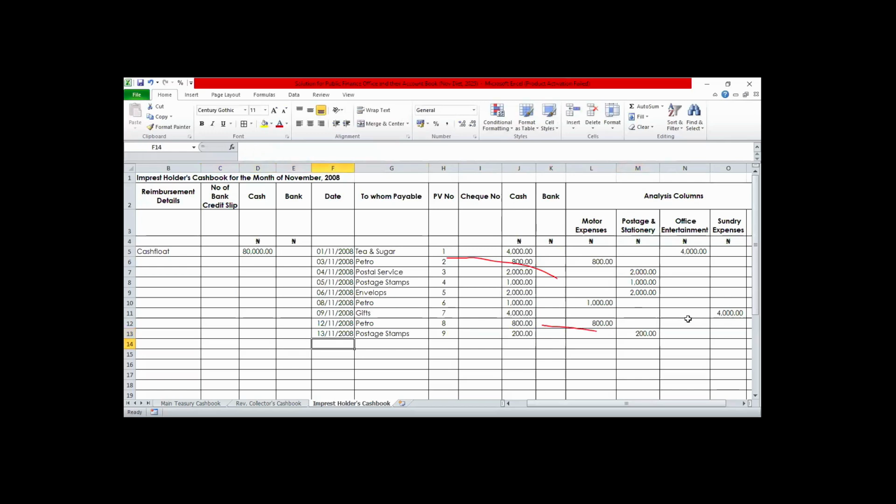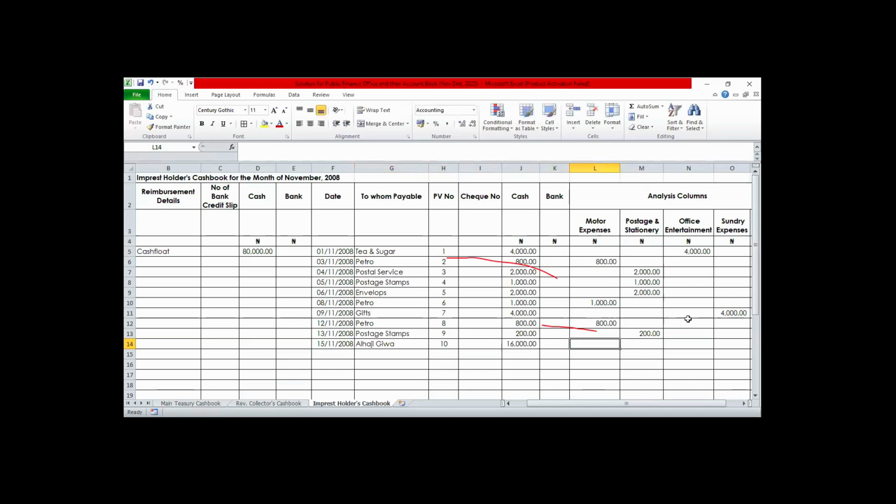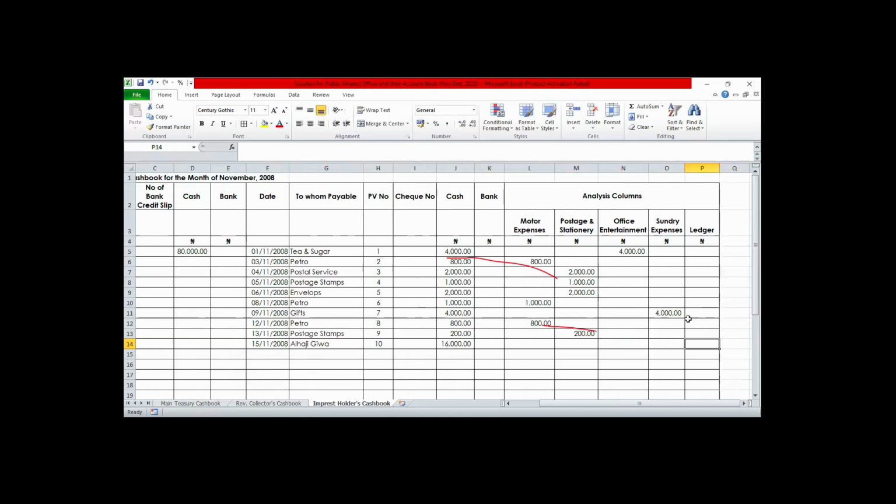November 15, Alhaji Giwa, ledger accounts. 16,000 naira. How much? 16,000. Okay, that is going to the ledger accounts column.